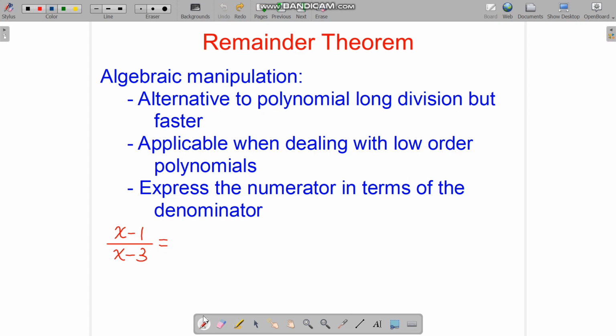In this case the denominator is x minus 3, so we rewrite the numerator as x minus 3 plus 2. Yep, because this is still x minus 1 actually, divided by x minus 3. And as you can see, we can split the fraction: x minus 3 divided by x minus 3, and we still have 2 divided by x minus 3. So it's 1, that's the quotient, the remainder is 2.